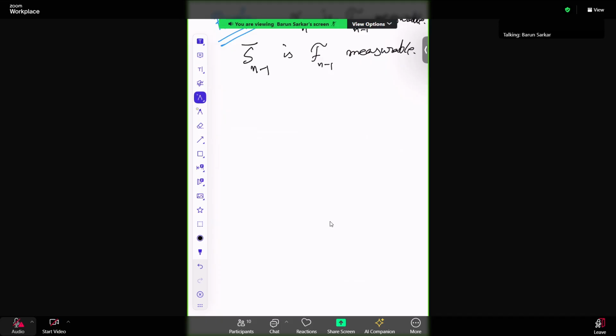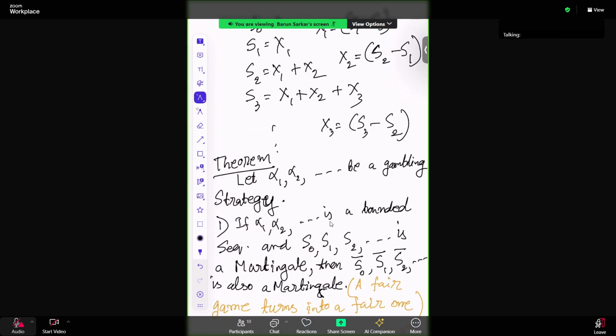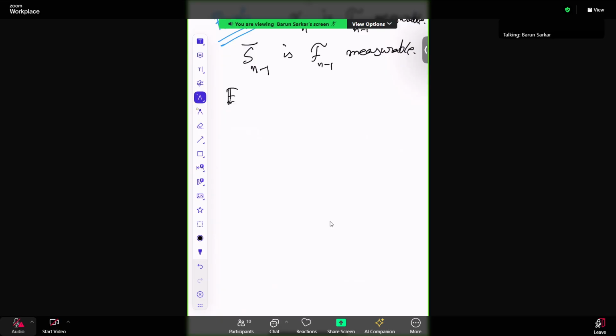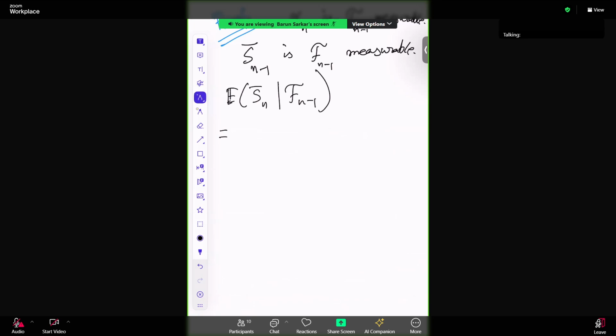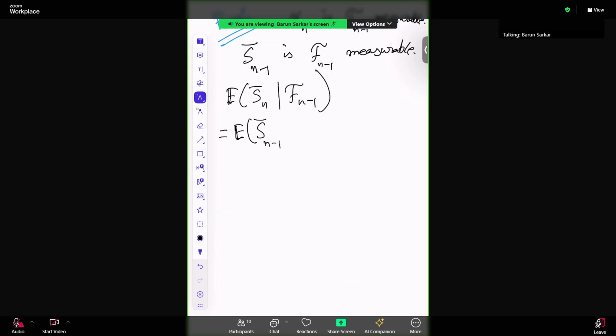Now what we have to show is that a fair game is a fair one. So we have to show that Sn bar is a martingale, right? We have to show that the expectation of Sn bar given F n minus one is equal to S n minus one bar.